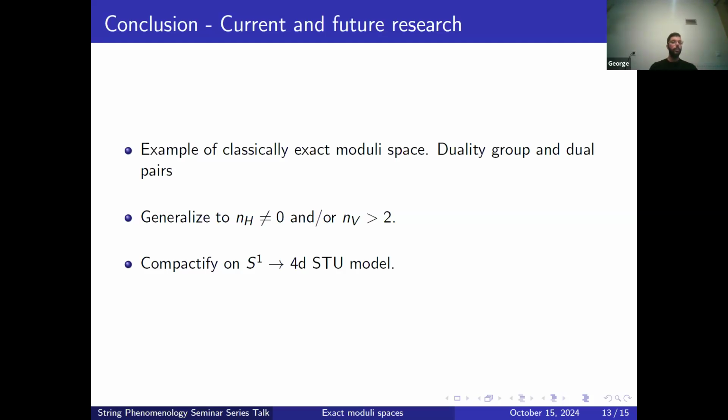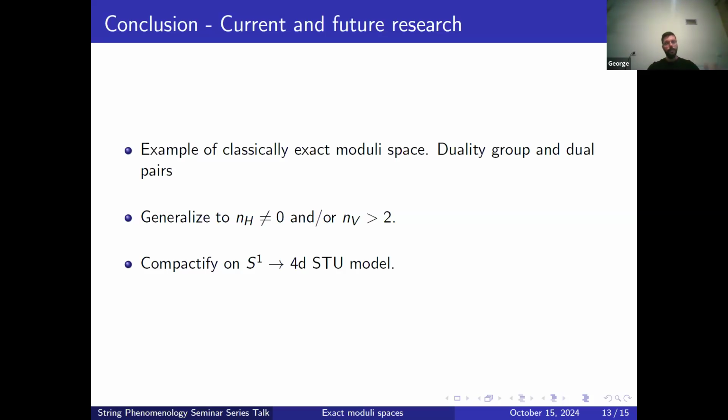Then we used the duality group of the model to exclude some of these terms, and for the remaining terms we used the dual pairs. And of course, this can be generalized to models with more vector multiplets or even to models with hypermultiplets. Today I just presented one example, but in the paper we treated many more examples.